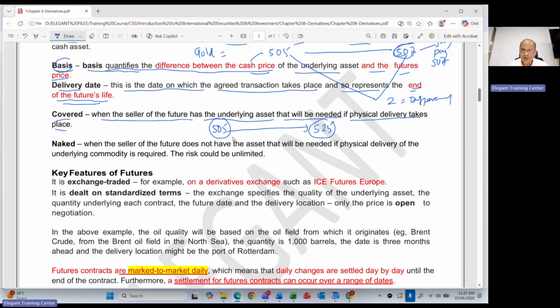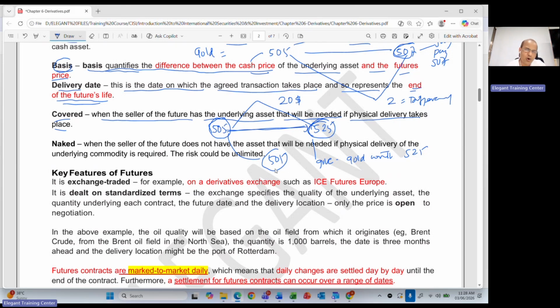You will pay me 505, and I will give you gold worth 525. Clear? Suppose I don't have gold with me. You have to pay 505 and I will give you gold, and that gold's market price is 525. So basically, you are gaining $20 profit and I am going to lose. If you say, hey Aditya, I want to take delivery, you will pay 505 and I have to buy the gold from the market and give it to you.